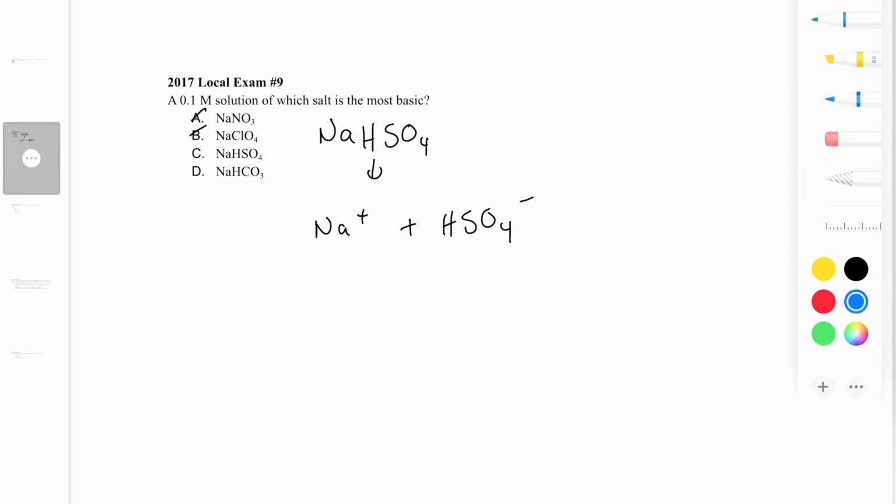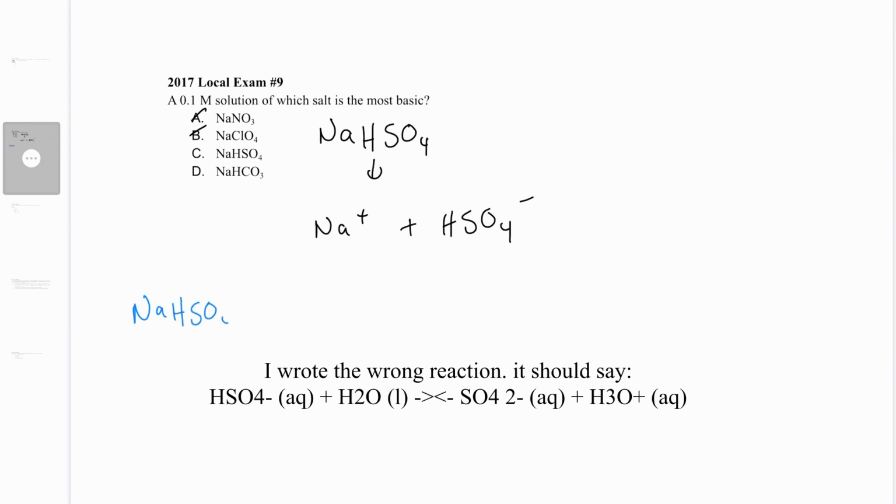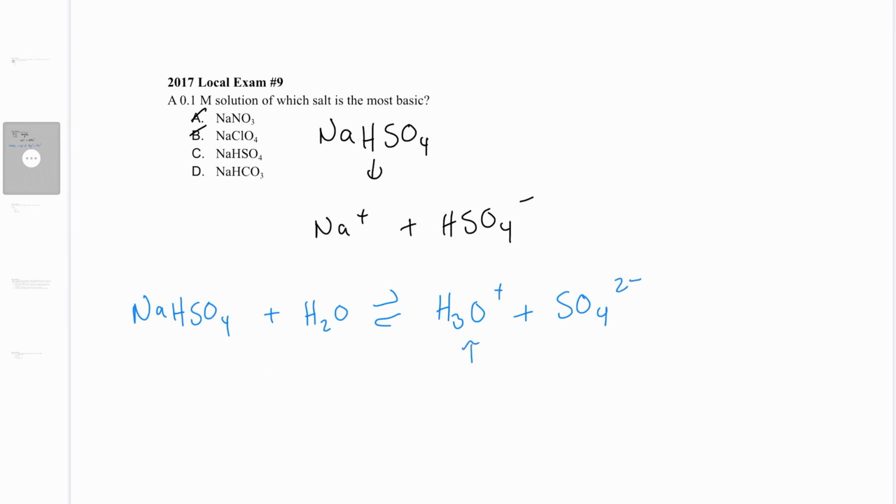And when it does react with water, NaHSO4 is going to produce, first of all, hydronium ions and SO4 2- ions. Now that hydronium ion is going to make this salt be partially acidic when dissolved in solution. So it's not going to be C. Therefore, it has to be D, but let's look at why.